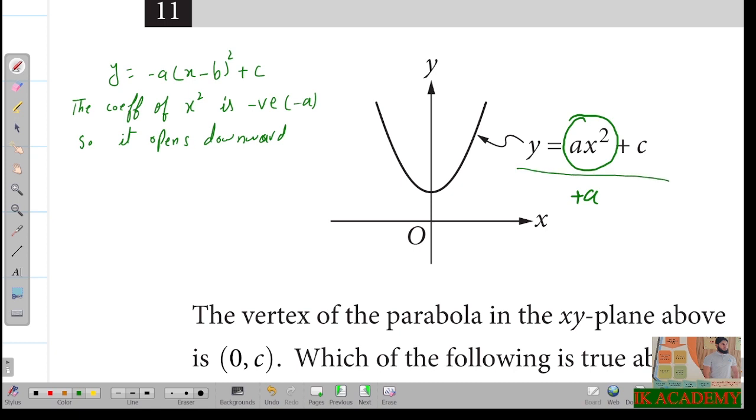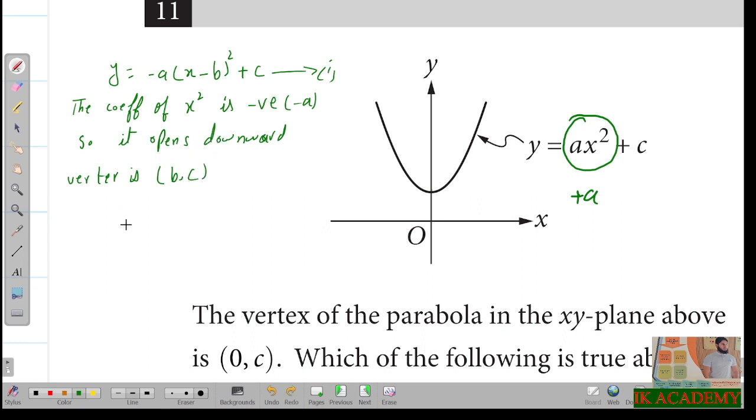So in the given parabola, the vertex is 0, c, because on the y-intercept, which is c, we have x equal to 0. But in this equation, we will get the y-intercept when x is equal to b. So we can write down the vertex of this equation, equation number 1. Vertex is B, C, because if we put b in the place of x, we will get the y-intercept. So y-intercept will be c.